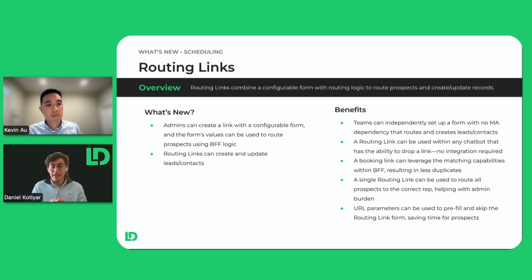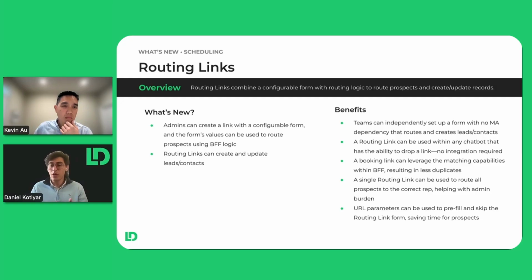Now, something we've added that's really powerful within routing links is the ability to create leads or contacts. So we don't actually have to hook up to your marketing automation. We could do all of that configuration within the Book of Performs graph. There's a few really big benefits of doing this.